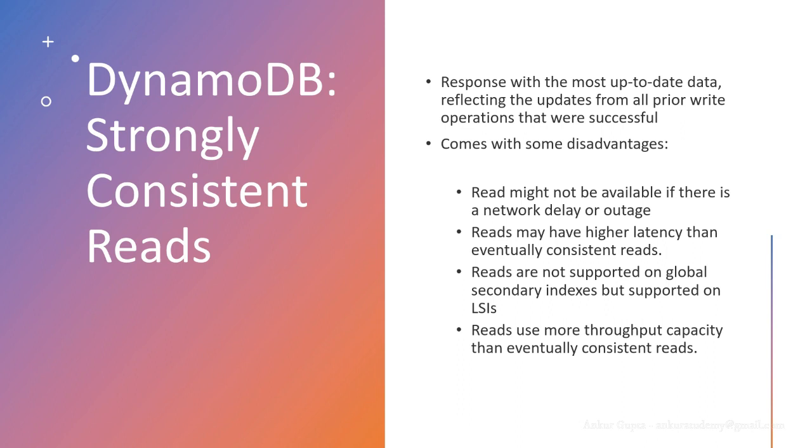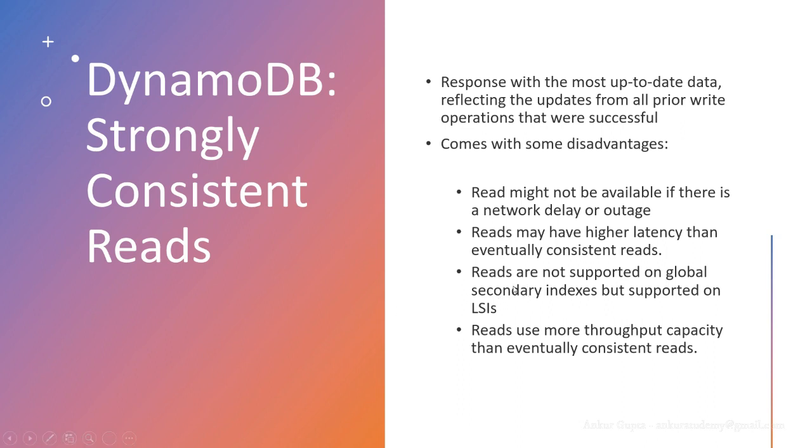But if you choose strong consistency, DynamoDB guarantees that you get the latest updated data, but with higher latency. Also, if there is a network delay or outage and you're using strongly consistent read mode, you might not even get any data.